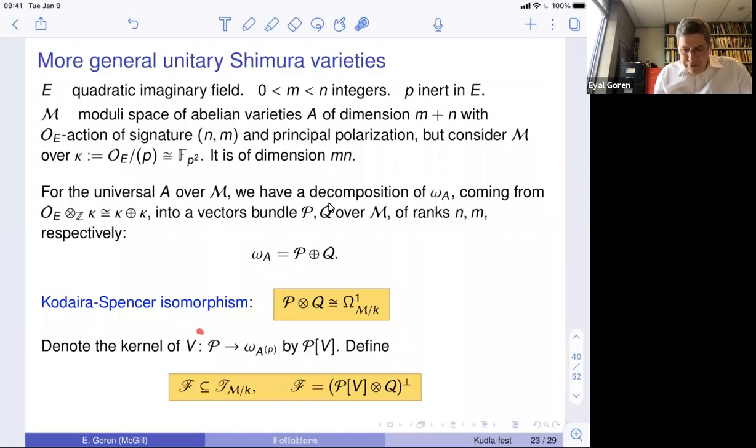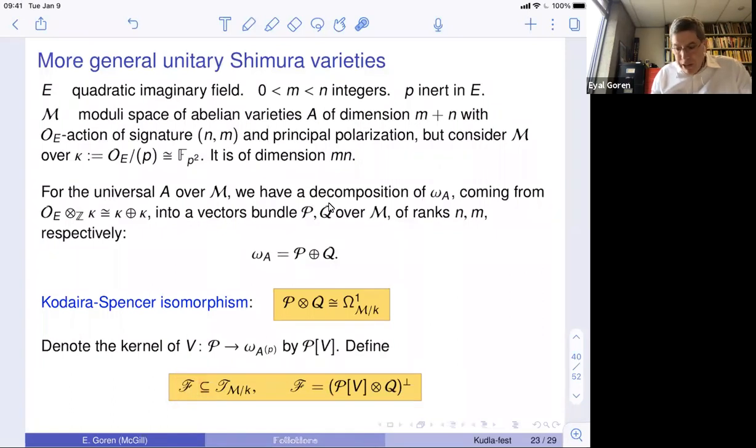We have again the Verschiebung morphism that allows us to look at the map of differentials of A to A^(p), and we take PV, the kernel of that, and once more by exactly the same machinery, this PV tensor Q lives inside omega 1, and we could take its perp in the relative tangent bundle of M over K, and that's F. Okay, that's what we call F.